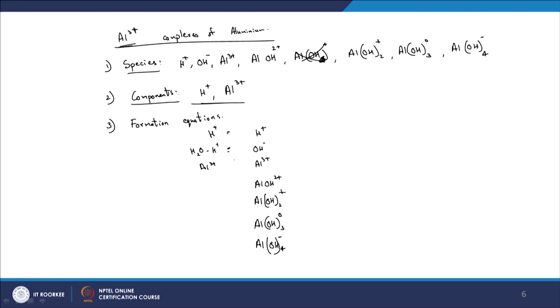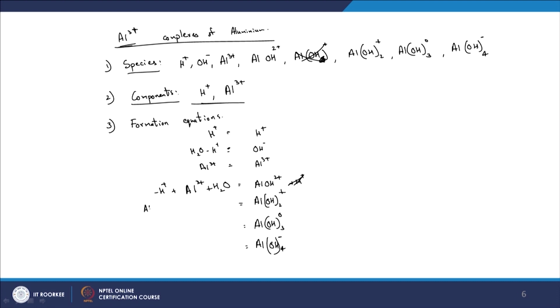Al3+ will form Al3+, and how do I end up with AlOH2+ here? I can write it in different forms. I can write it as Al3+ plus H2O leads to AlOH2+ plus H+. This is something we know. Or I can say it is going to be minus H+: Al3+ plus H2O goes to AlOH2+. For the next species, how can I form it?